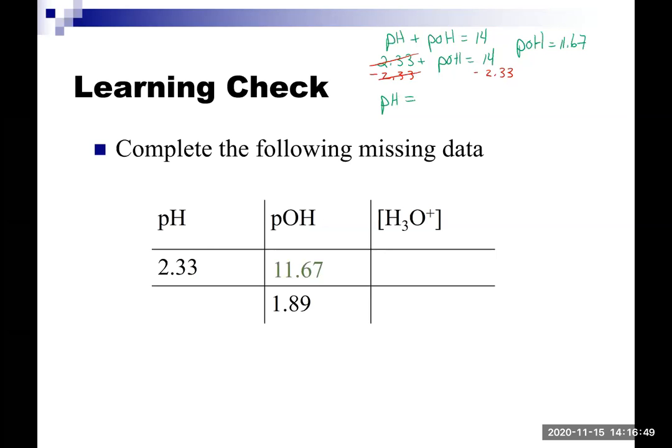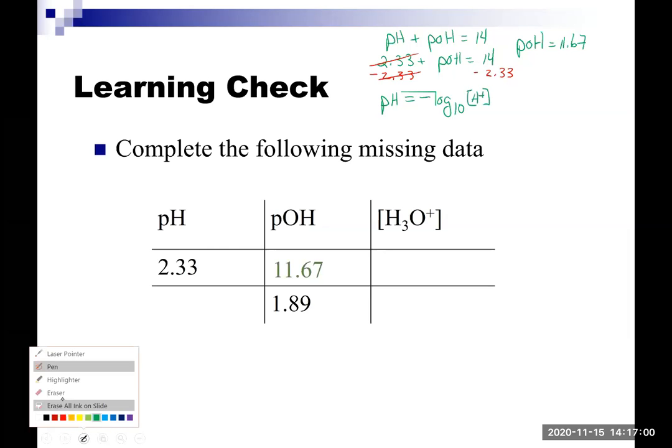The pH is equal to the negative log base 10 of the H plus concentration. Okay, so if pH is equal to negative log base 10 of the H plus concentration, that means that the pH is an exponent.